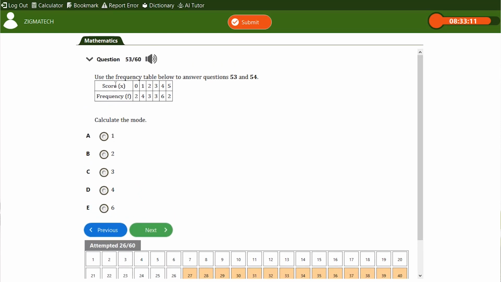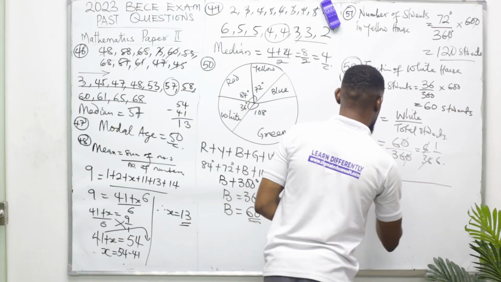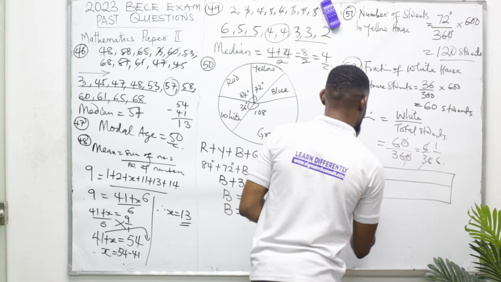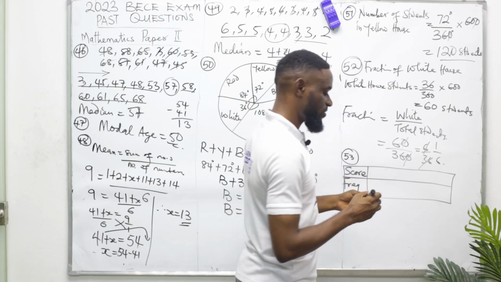The next one says, use the frequency table below to answer questions 53 and 54. So I think it's good with 53. Let's have that frequency table here. I think we have the score and we have frequency. We have the score, we have the frequency.